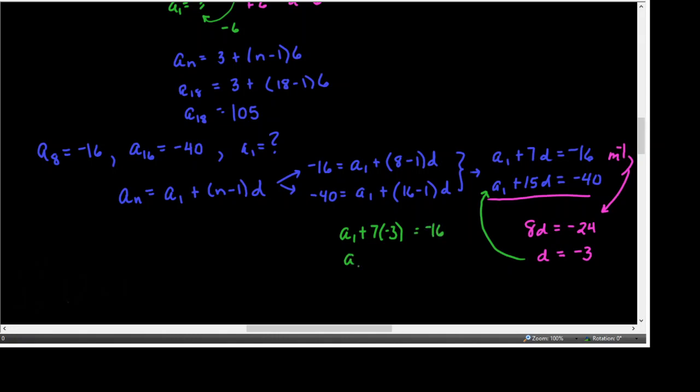So a sub 1 minus 21 equals negative 16. Then to solve for a sub 1, adding 21 to both sides gives me 5. And of course, that's what I was asked to find. So I found it, and we're done.